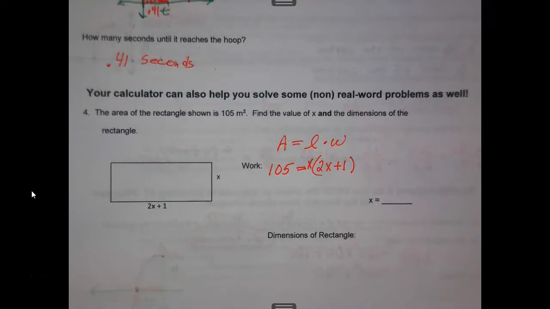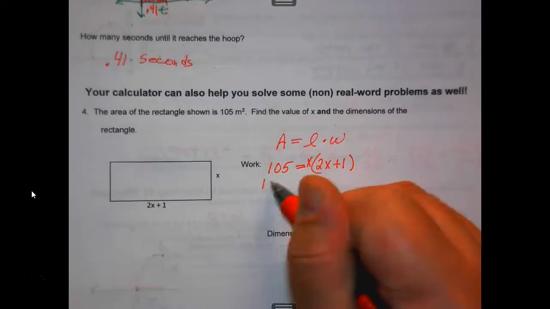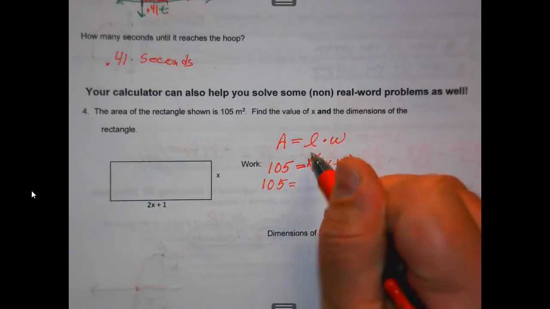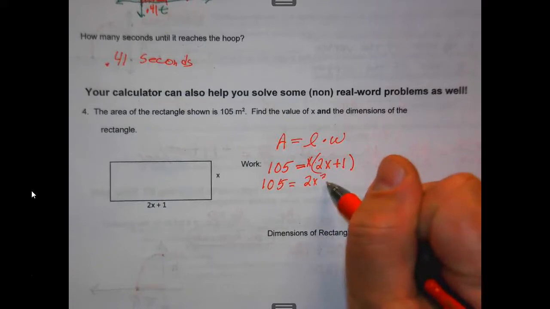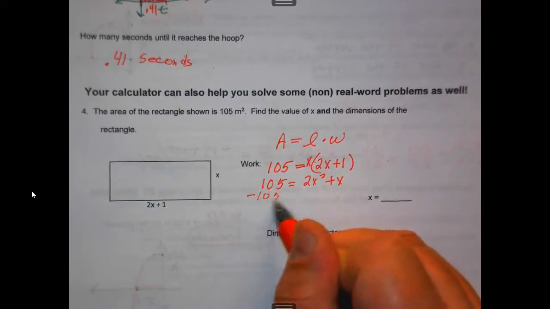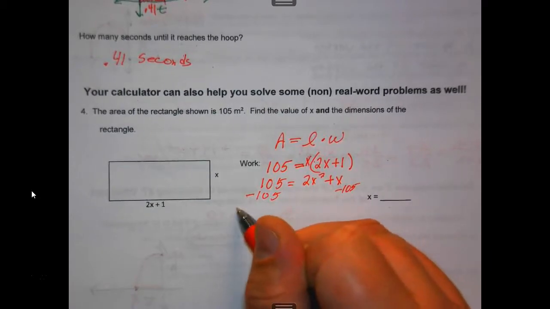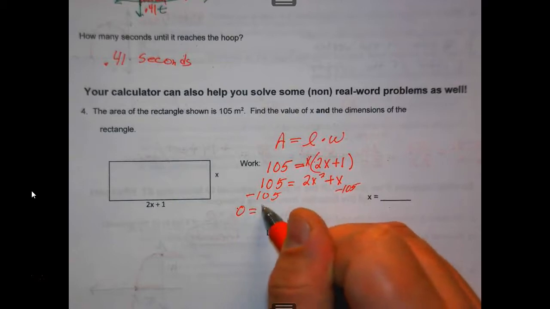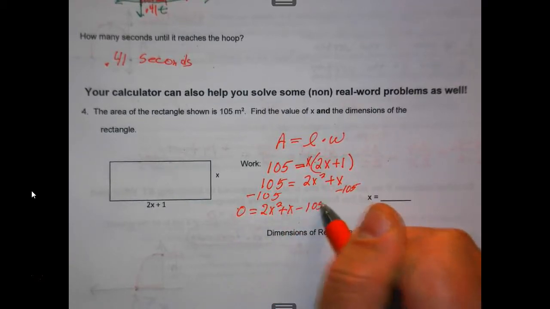So we'll make it a quadratic function, just simplified. So 105, I'm going to distribute the x. X times 2x is 2x squared. X times positive 1 is plus x. And then I'm going to subtract 105 from both sides. And I get 0 equals 2x squared plus x minus 105.